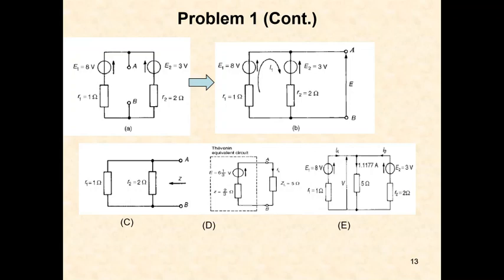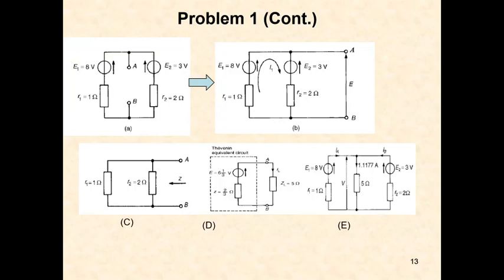See here, by removing the 5 ohms across AB, the two branches are connected in series. The current flowing through this is 5 by 3 amperes, since the two sources are opposite in direction: 8 minus 3 by 2 plus 1, that is 5 by 3.